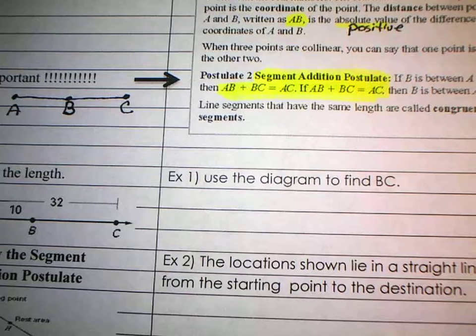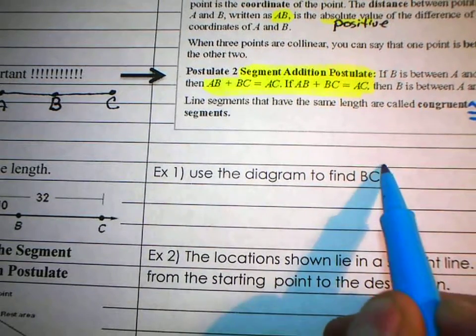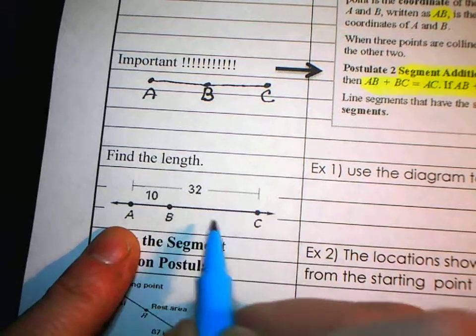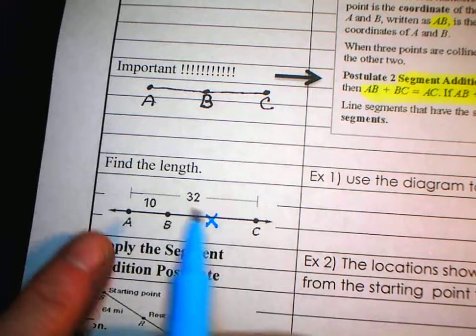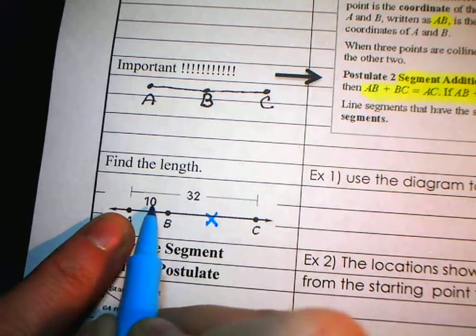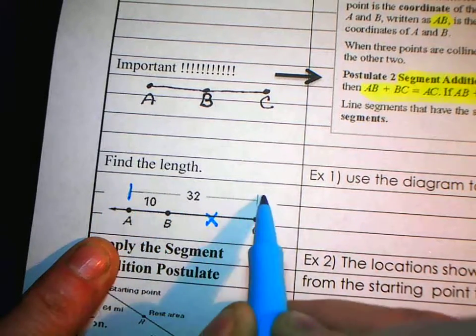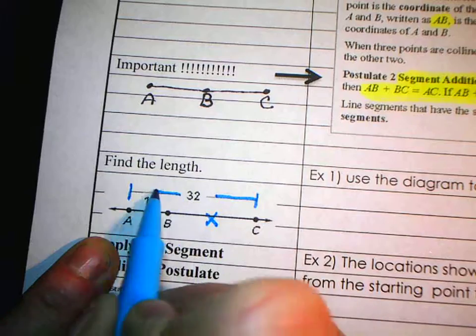Alright, example number 1, we're looking to find the length of BC. If I look at the picture on the side, BC is the mystery length here. Notice it tells me AB is 10 and the entire length all the way across is 32.